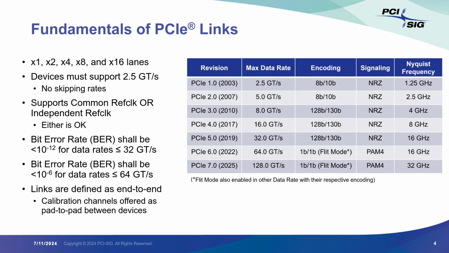PCIe links are defined as end-to-end, root complex to endpoint. So when introducing cable assemblies, really any new interconnect solution, it's important to be specific about the performance and interface requirements for that portion of the link, which is why these CopperLink specifications are so important. It enables the platform designers to truly build out the full topology with the flexibility that they're going to need.